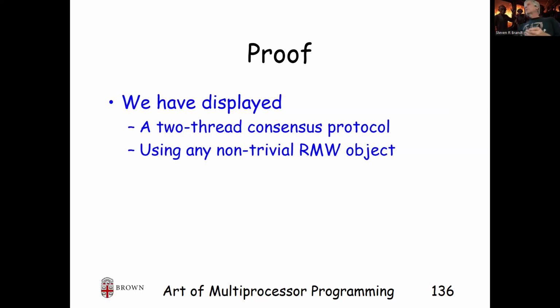And so now we're trying to work through the implications of what we learned. We learned that we can't do consensus without some kind of read-modify-write instruction. And we've learned that we can't build that wait-free queue without this read-modify-write instruction.